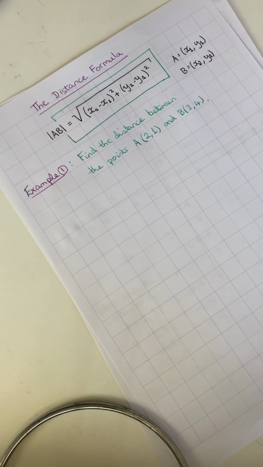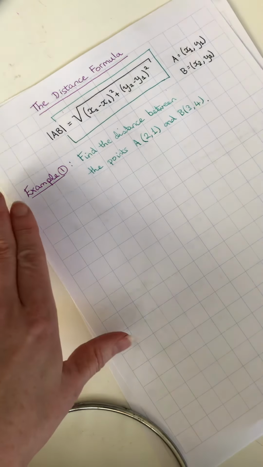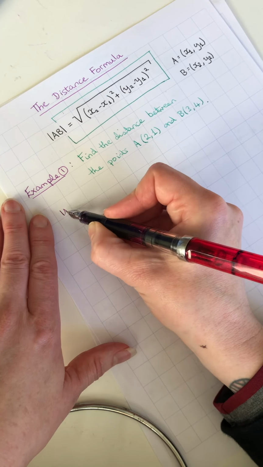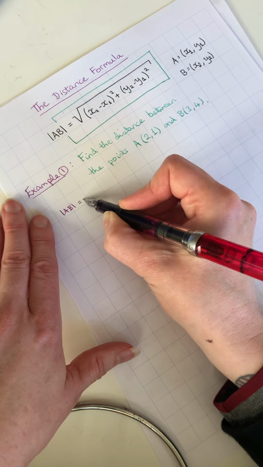Okay, so the first thing we'll do is we'll write down our formula. Look, I know it's there already, doesn't matter. The more times we write it down, the easier it's going to be to remember it.